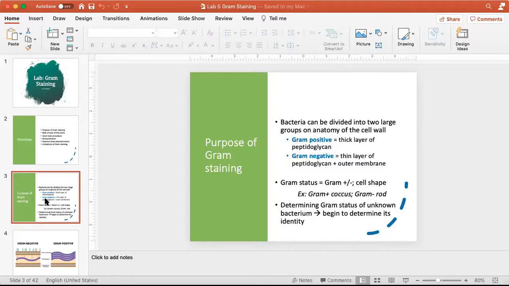In other words, if I know that I'm dealing with, say, a gram positive coccus, I already know a lot about the organism. And I can plan what other tests I want to conduct to figure out exactly what species of bacteria is in that urine sample.